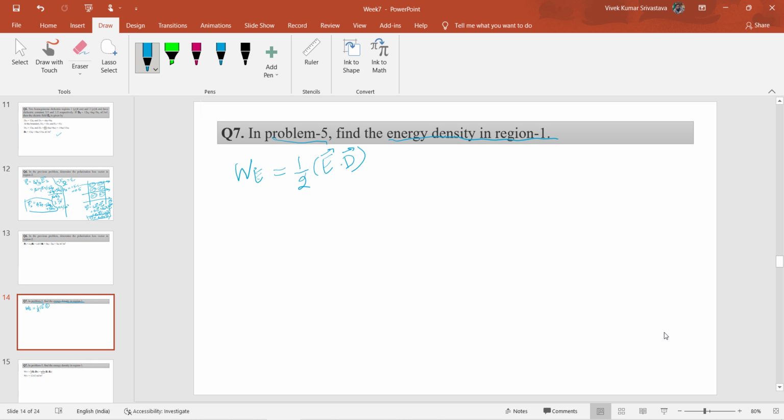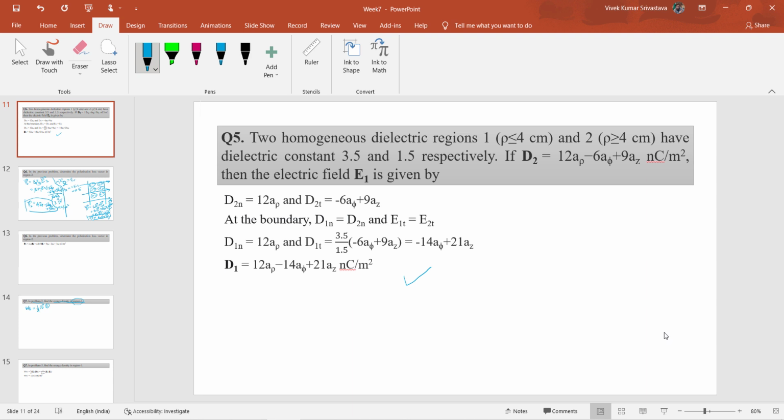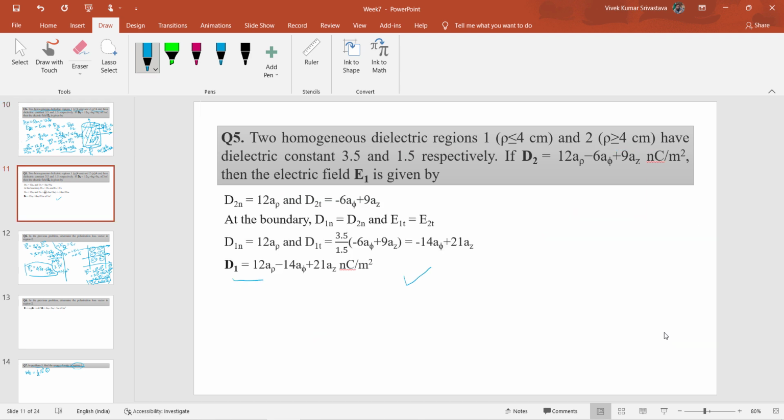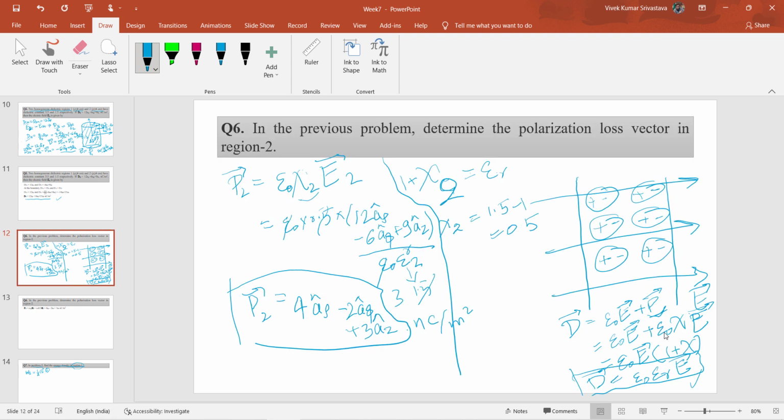We have to find the value of energy density inside region 1. Inside region 1 we have already found the values of D and E, so we will use this to find the energy density.